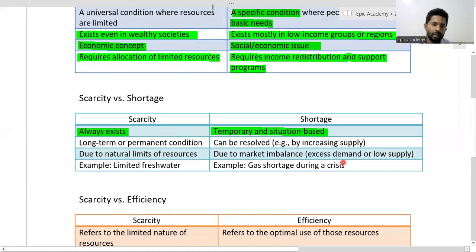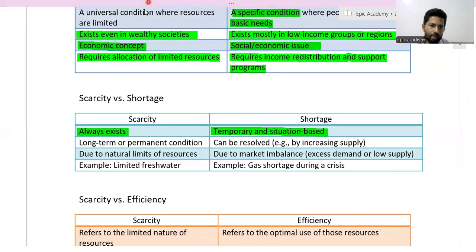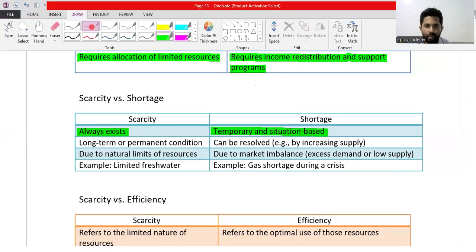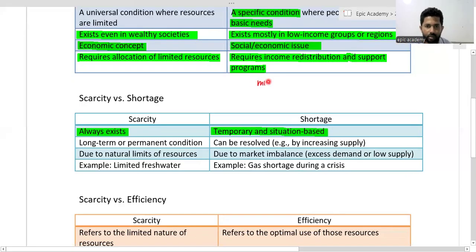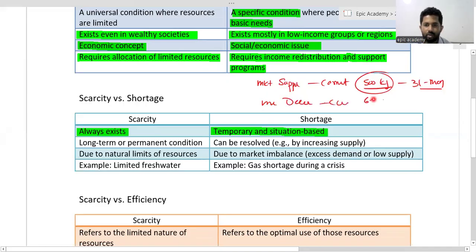Just consider in a market, the supply of carrot is 500 kilograms, only 500 kilograms on this date, 31st of May. But the market demand for carrot is 600 kilograms.